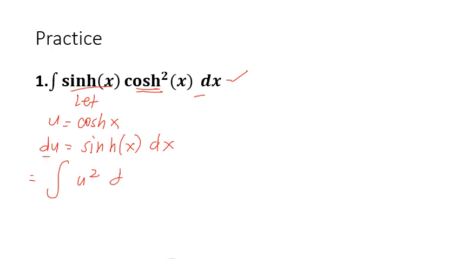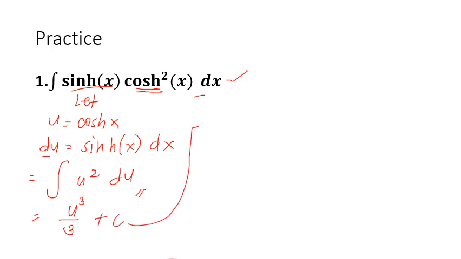So I'll get du here. With this equation now, we can make use of our power rule for integration. So this is equal to u to the 2 plus 1, that's 3, that's the exponent, all over 3 plus c.